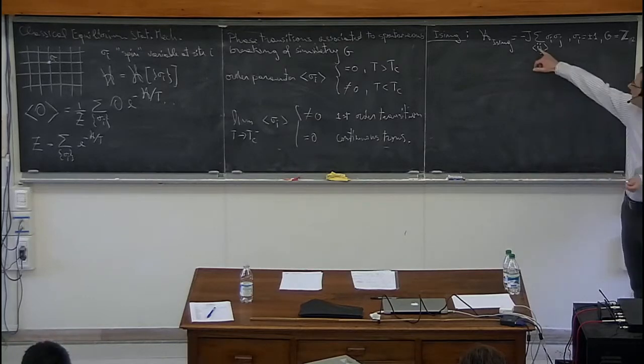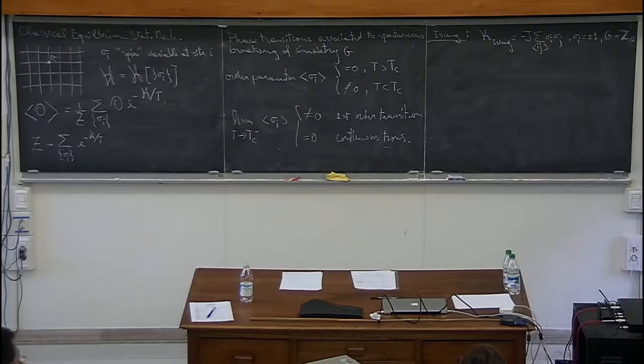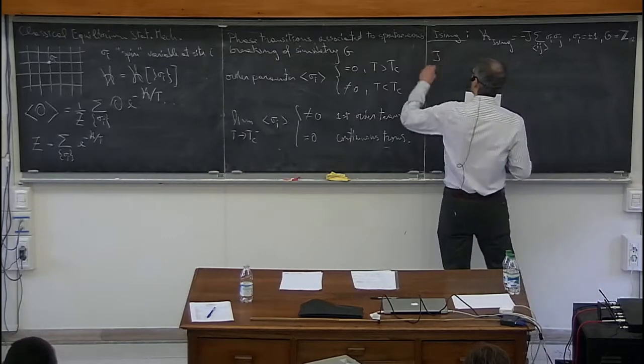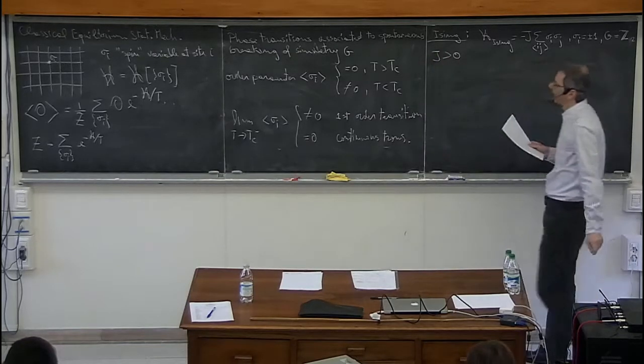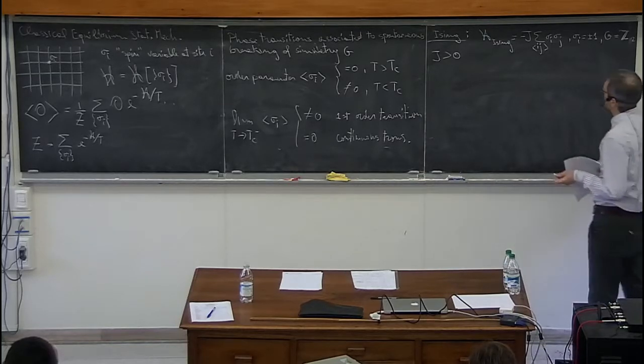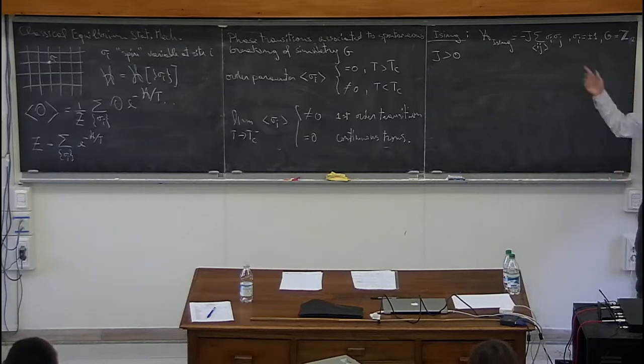This notation here indicates that the sum is performed over nearest neighbor spins, so it's the simplest thing you can do. I will refer to the ferromagnetic case in which J is positive. So at low temperature, the spins want to be aligned.